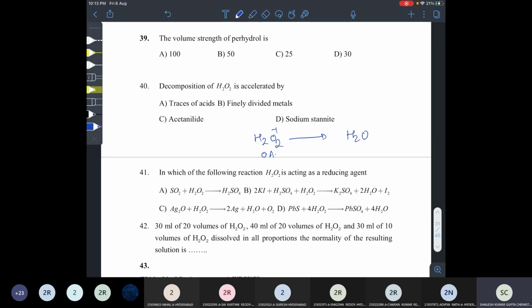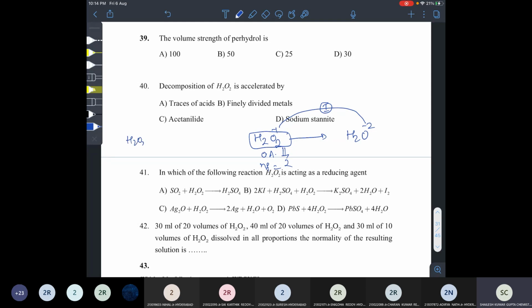So that means there is a change of oxidation number of 1 per atom. But how many oxygens are there in H2O2? Answer is 2. So how many electrons are actually gained or lost by H2O2 per molecule? Answer is 2. So the N factor of H2O2 is 2 as an oxidizing agent.